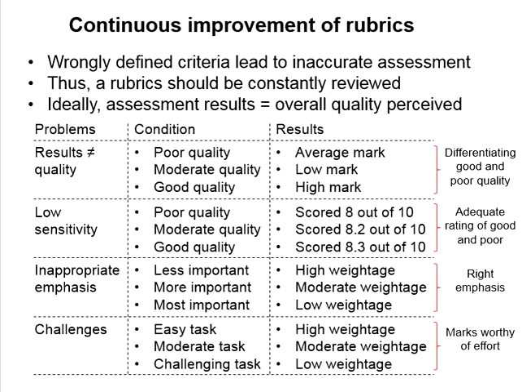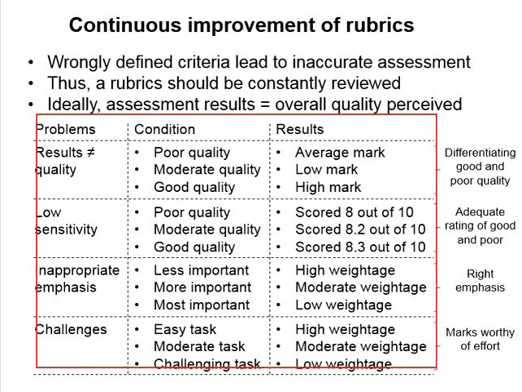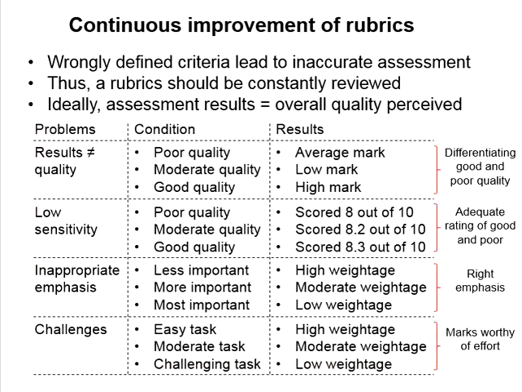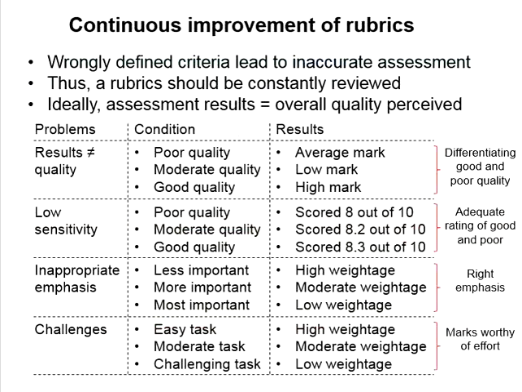What you see here, these are the possible aspects that a rubrics can go wrong. Even though you have constructed the rubrics, it seems to be quite perfect. And this explains the reason why the assessment result can be very much different from the overall quality perceived.